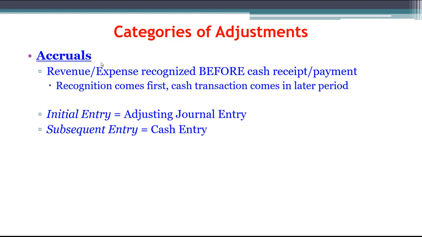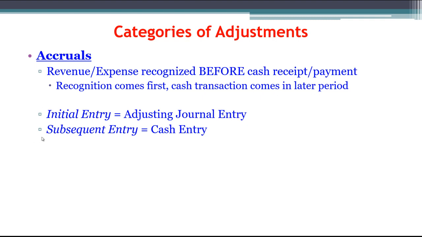So under the accrual situation, we need to force the revenue or expense recognition even though the cash payment and receipt has not yet happened. Recognition comes first. The cash transaction will come in a later period.